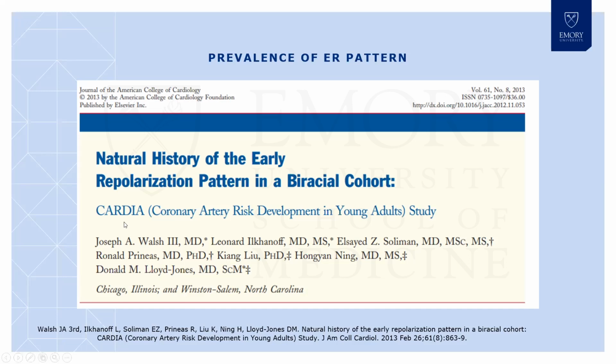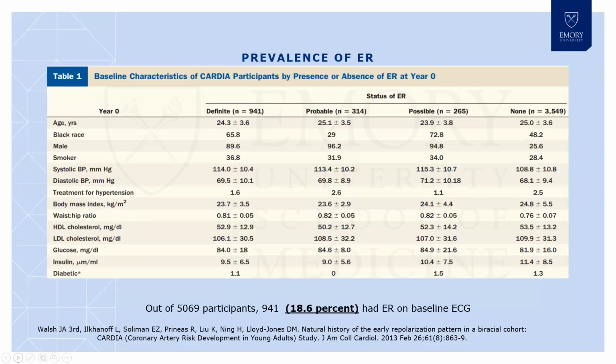So this was the CARDIA cohort, basically. What they saw is that out of 5,000 participants at baseline, 941, or 18.6%, had early repolarization. ER, for the purpose of this talk, means early repolarization on their baseline EKGs. So pretty significant prevalence, 18%.